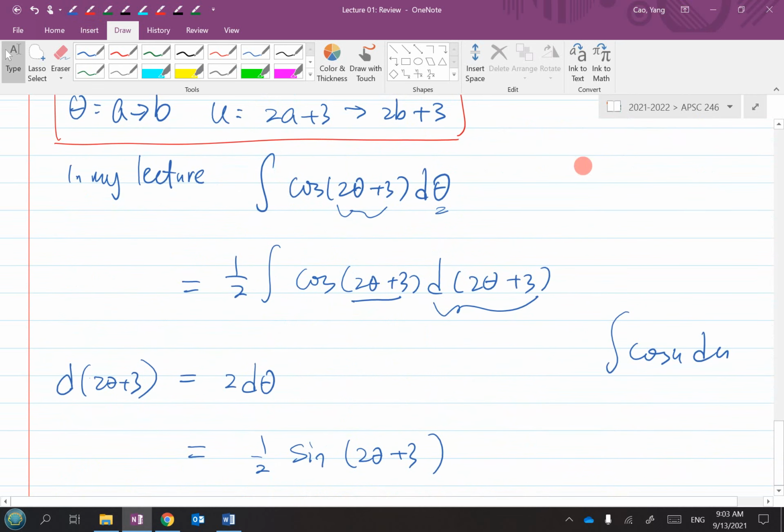But in this case, I don't have any u, and I have 2 theta plus 3. If the original limits are a to b, it is still a to b. So there's no change in terms of integral limits. That saves you a little potential to make a mistake when converting the limits to new numbers. That's the only advantage here. Other than that, there's really no difference at all.